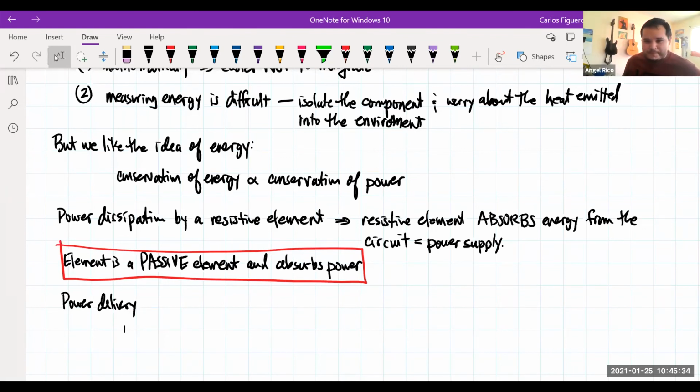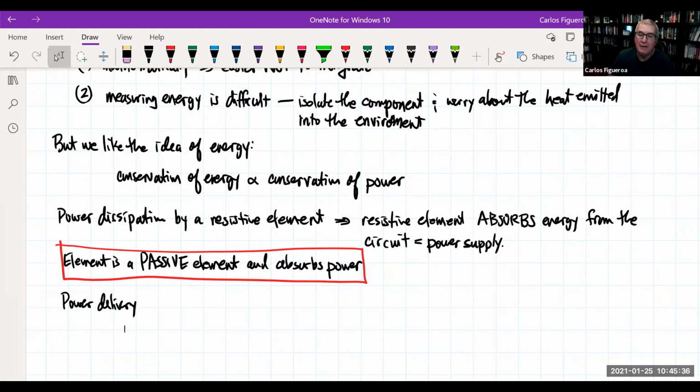Yeah. Here, let me talk about active, and then we can come back to that question, because I think it's an important question and one that is going to cause some trouble for some of you. So power delivery occurs, let's say, during a jump start.